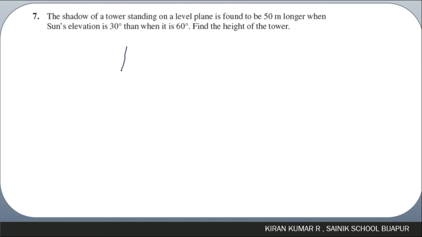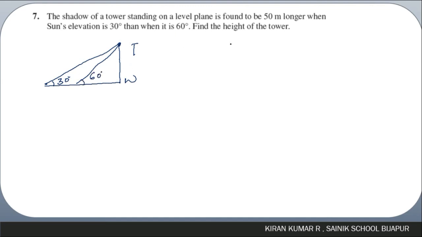Let me consider the tower to be some TW, a straight line. The angle of elevation is 30 degrees and 60 degrees, so this angle is 30 degrees and this angle is 60 degrees.